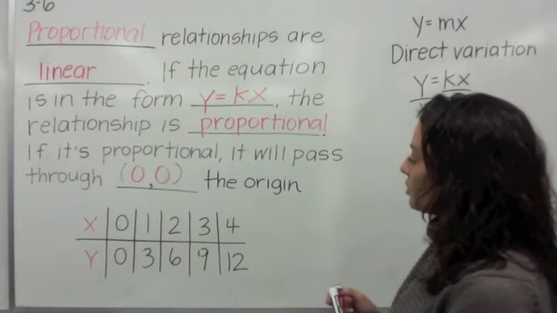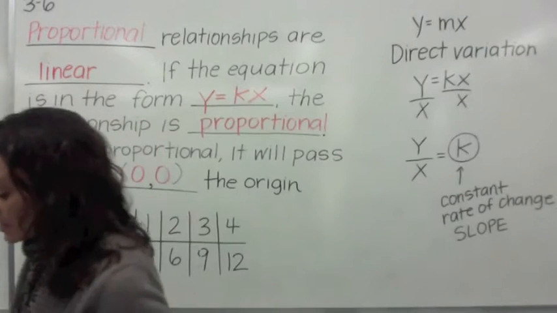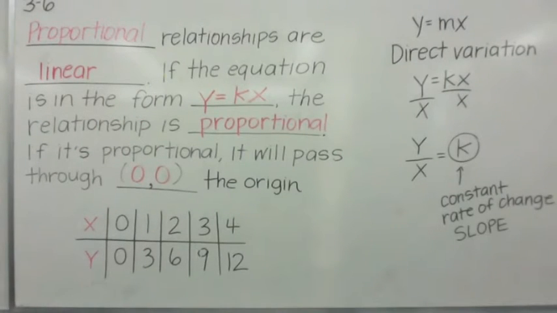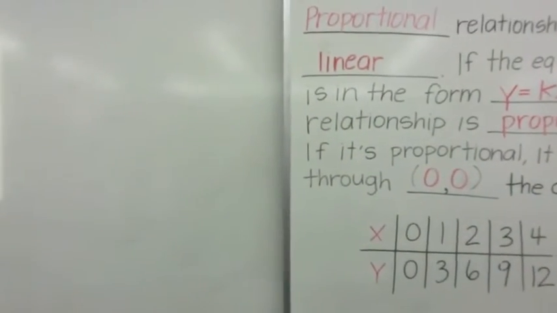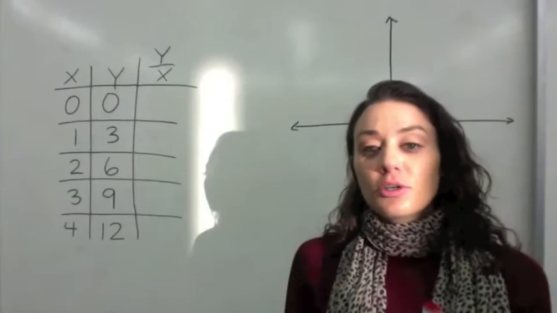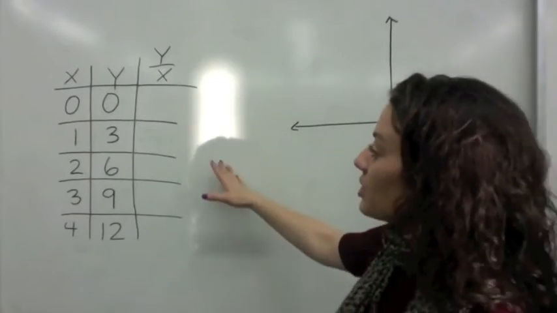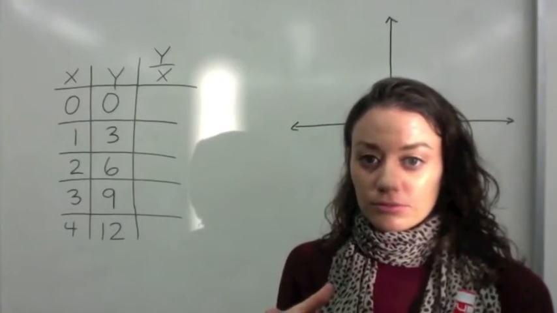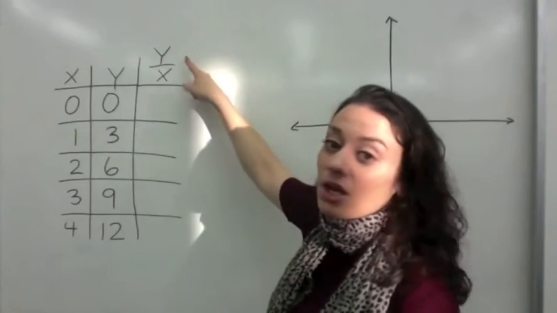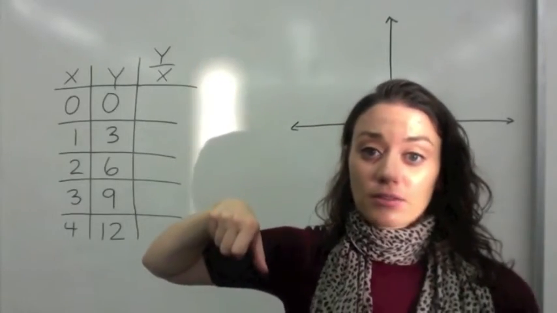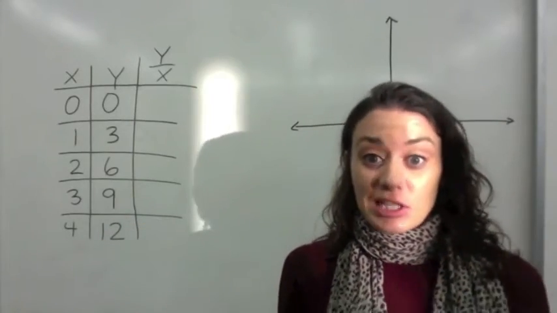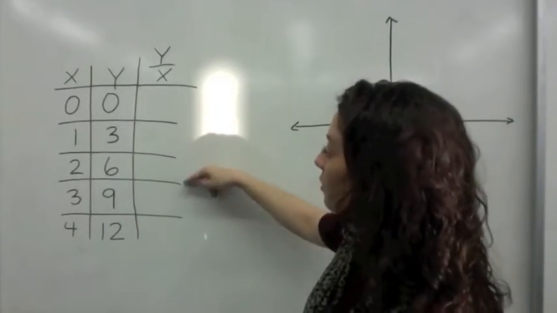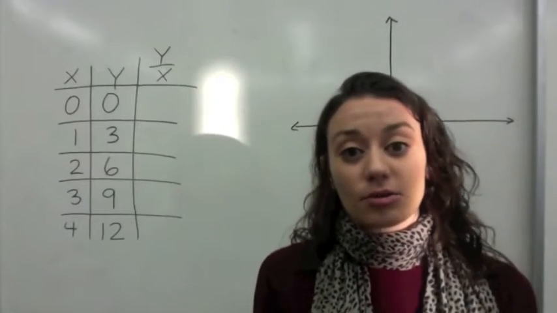What I'm asking you to do, though, is to determine the ratio, graph it, and tell me if it's proportional. To determine whether or not this linear relationship is proportional, you have to take the ratio of y divided by x, which is really the same thing as the change in y over the change in x. You figure out what the slope is, make sure it's consistent throughout, and it has to start at 0, 0.